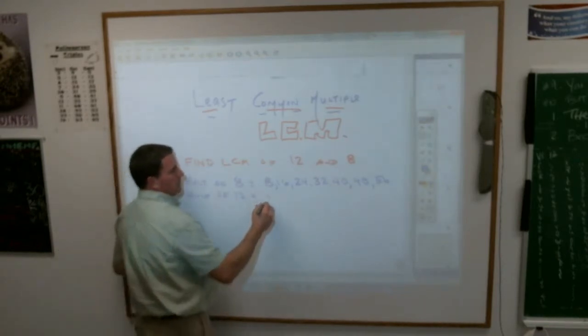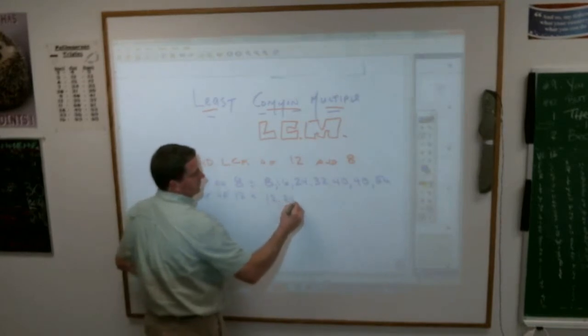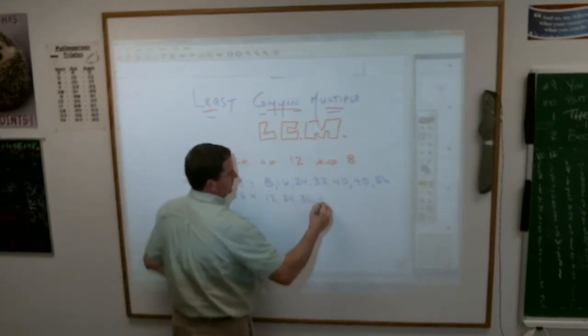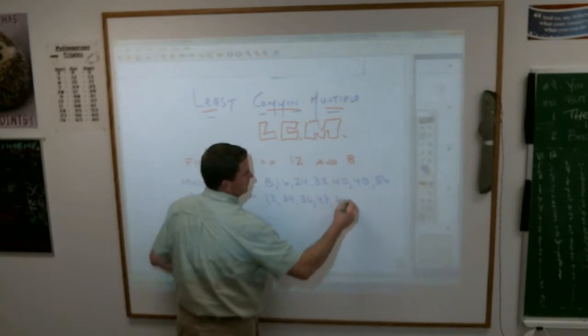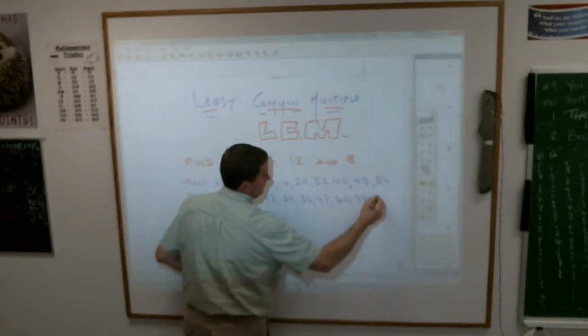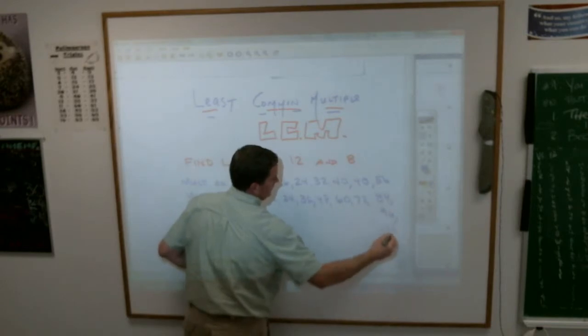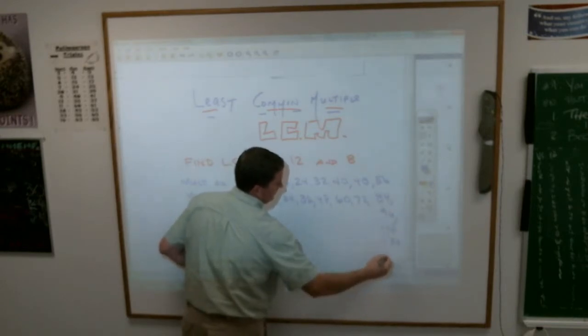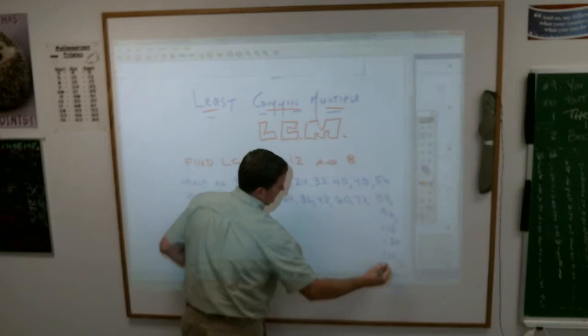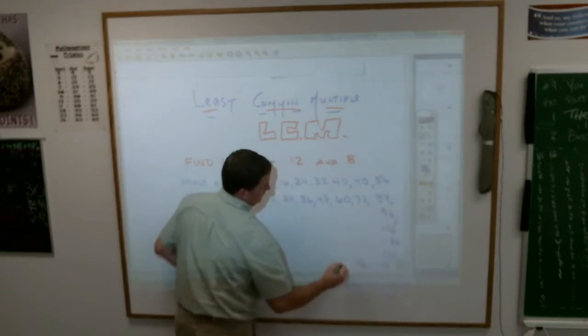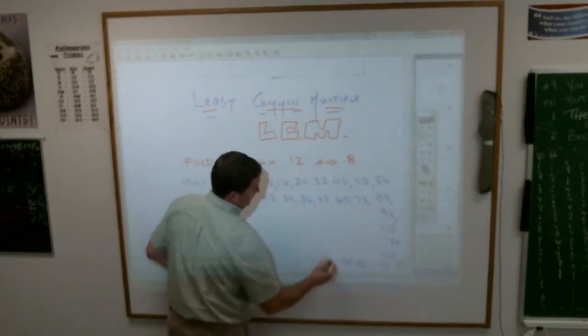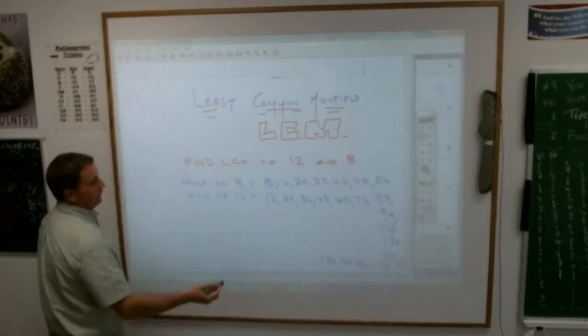Keith? 12, 24, 36, 48, 60, 72, 84, 96, 108. Okay, you could go on forever.